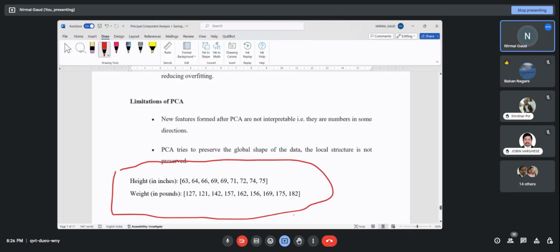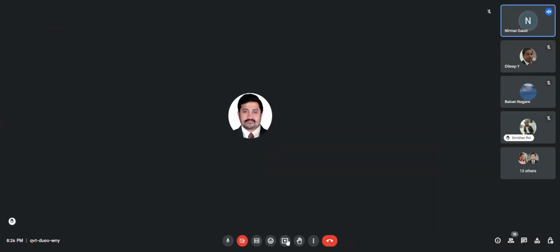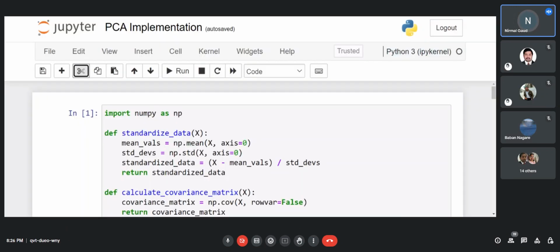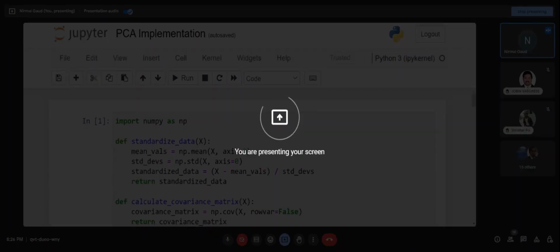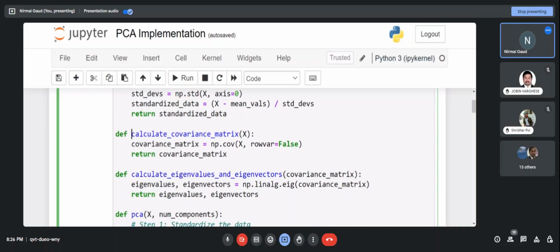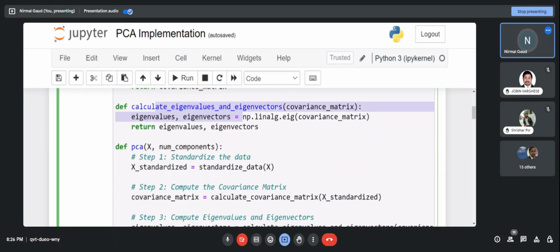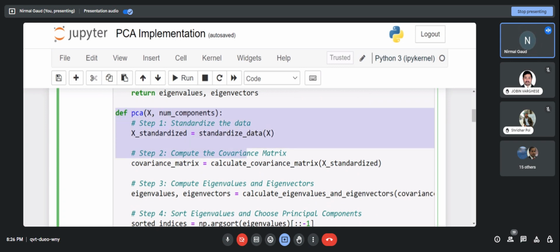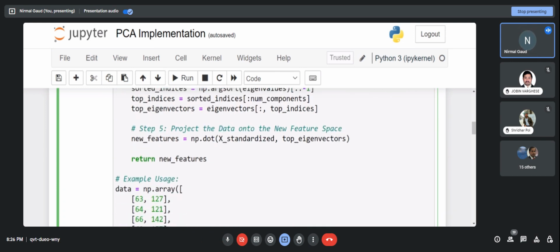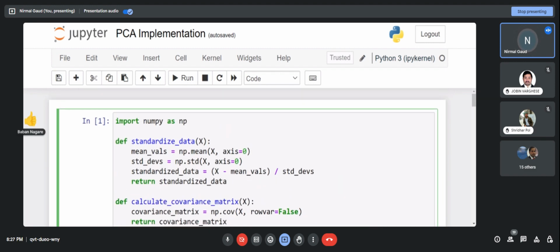Without using the PCA algorithm, that means without importing PCA, whatever maths we have learned, we are going to implement it here in Python: data standardization, calculation of covariance, eigenvalue and eigenvector calculation, then calculating the components, the feature matrix, and then you are going to project your data over the feature matrix. This is the code which I will be explaining.